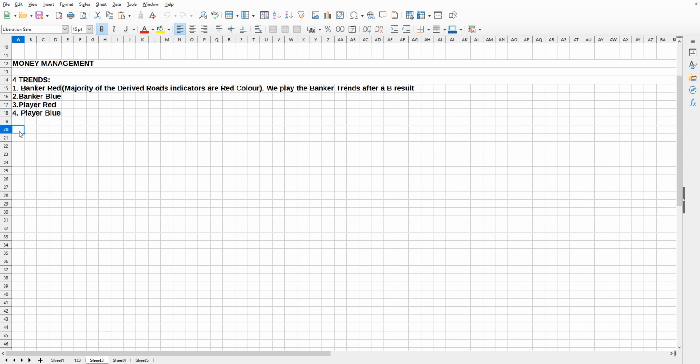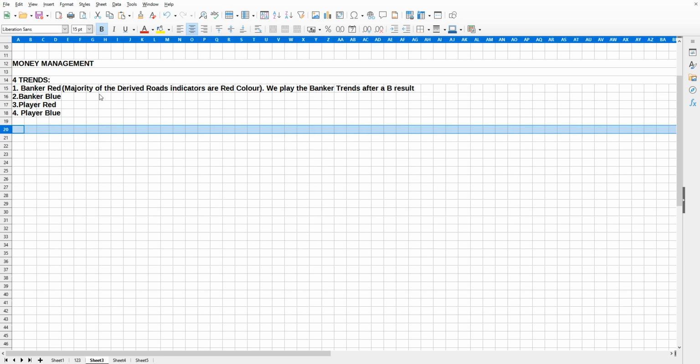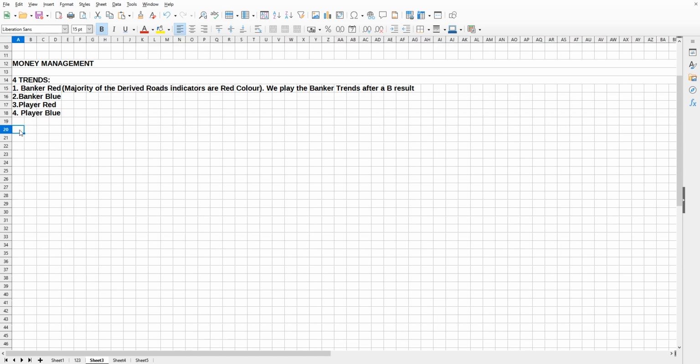So this is about the trends, and now we are going to use 4 progressions, one trend with its own progression.